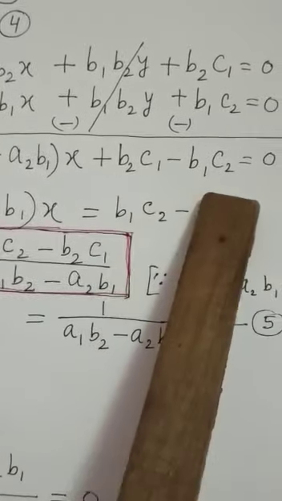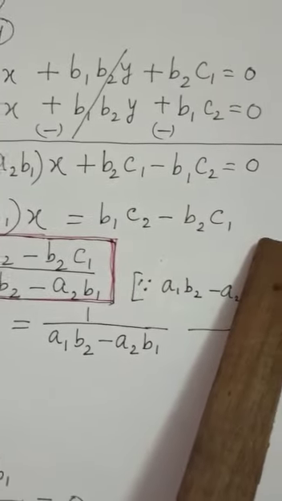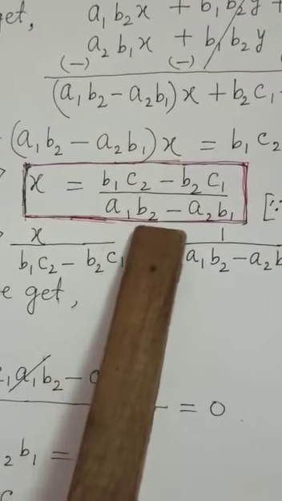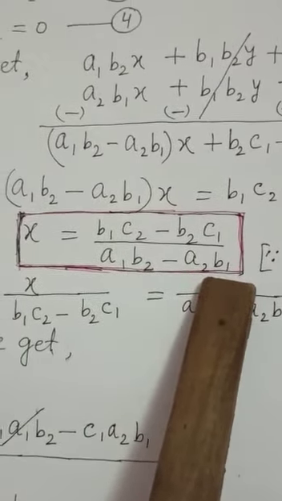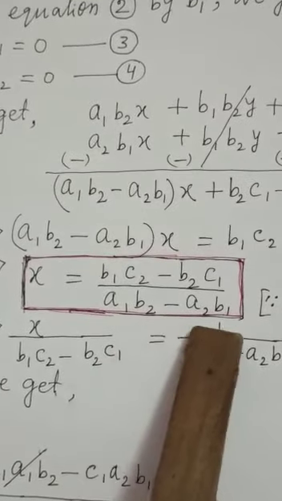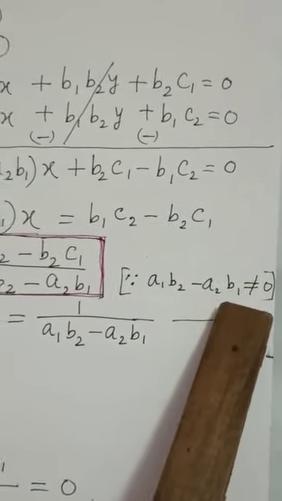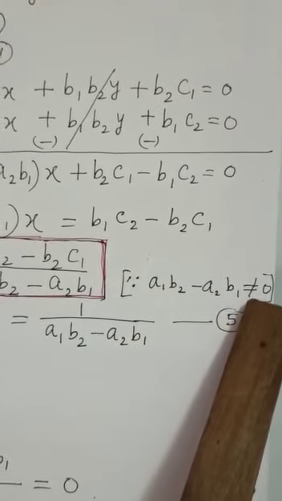Transposing these two terms on the right side and solving, finally we get x is equal to b1 c2 minus b2 c1 upon a1 b2 minus a2 b1, since a1 b2 minus a2 b1 is not equal to 0.